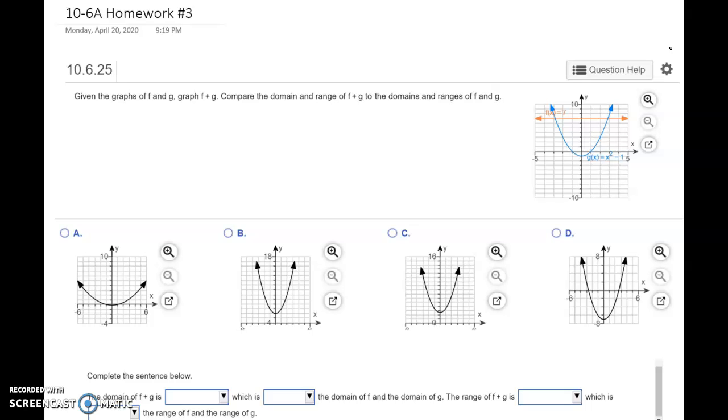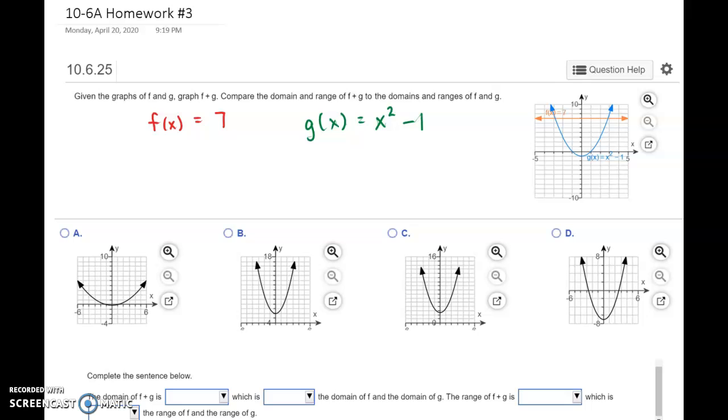Your parabola and your horizontal line might be a little bit different, but you should have a parabola and a horizontal line. For my problem, I have to add f and g, and f is 7, and g is x squared minus 1.